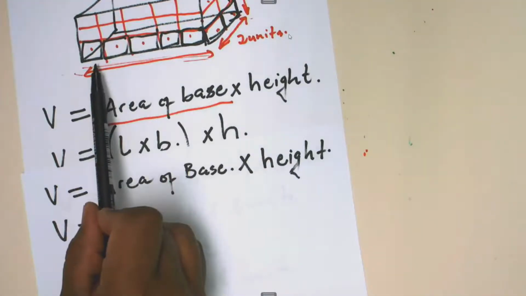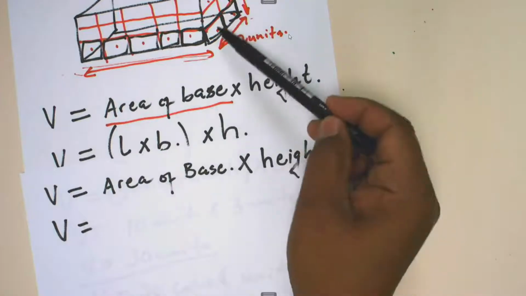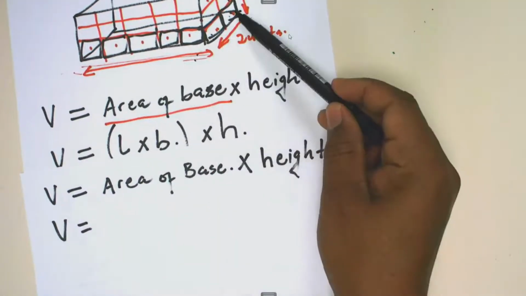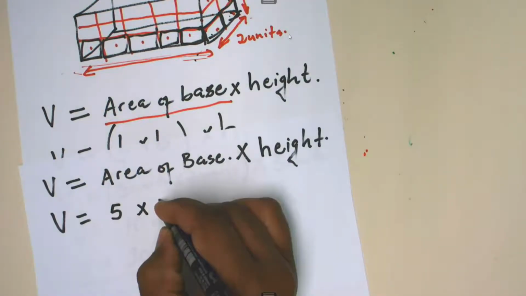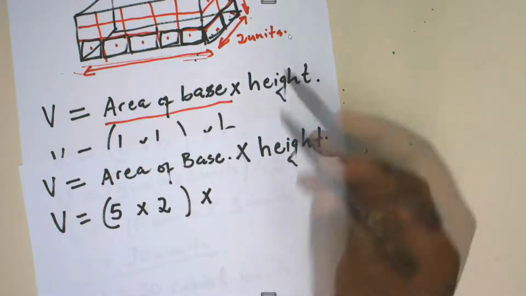We are recapping now, and therefore the area of the base, remember the base has got how many? It's 1, 2, 3, 4, 5 units, and then 1, 2. In terms of the cubes, it is 5 cubes and then 2 cubes, and therefore that will be 5 multiplying by 2. This will be my base, and therefore I have multiplied by the height.